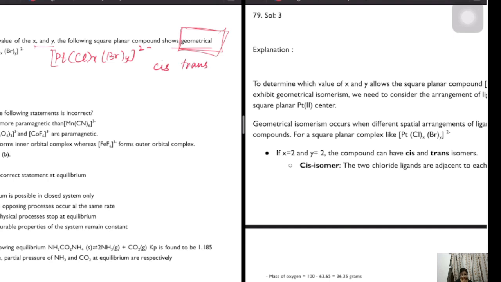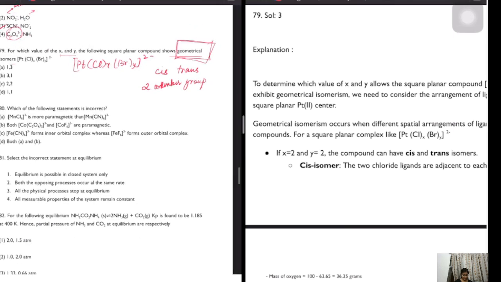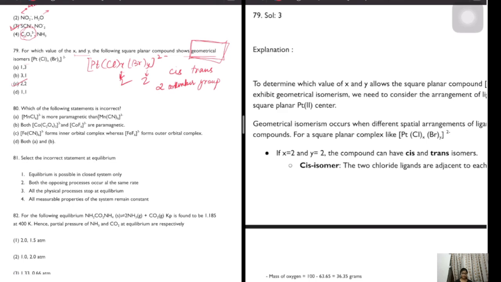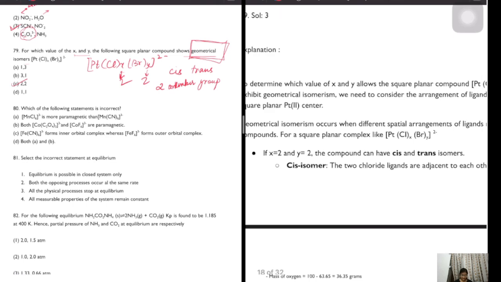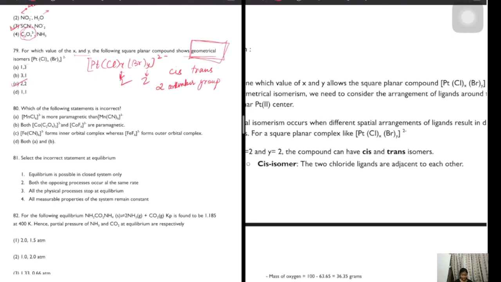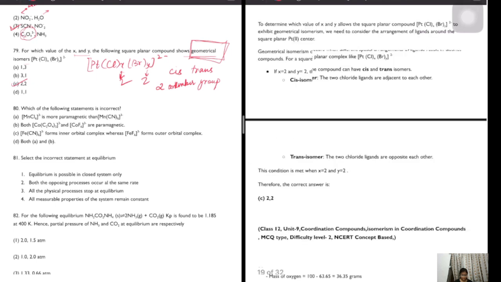And when is it possible? When we have two of the same group. Okay, so now it's easy. It would be 2. So the correct answer is C. Cis isomer, where it would be adjacent, and then opposite.